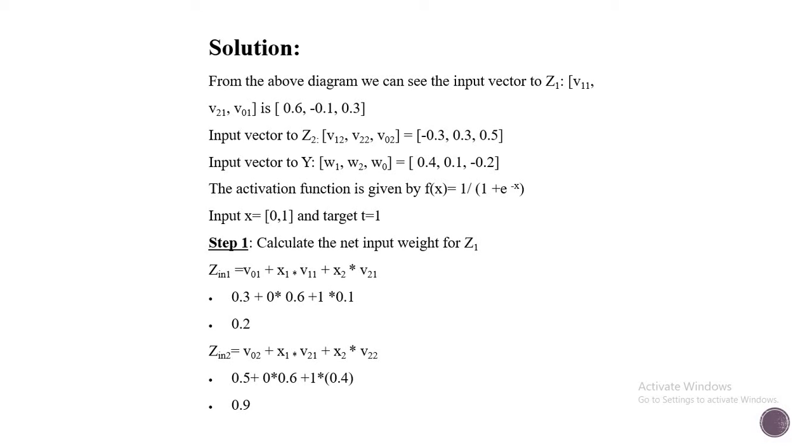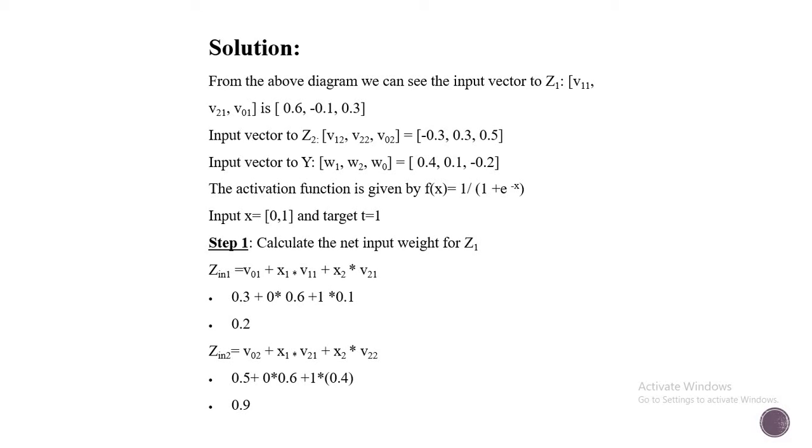We can calculate step by step. Step 1: calculate the net input of Z1, that is Z_in1 equal to V01 plus x1 into V11 plus x2 into V21. That is 0.3 plus 0 into 0.6 plus 1 into minus 0.1, which is equal to 0.2.